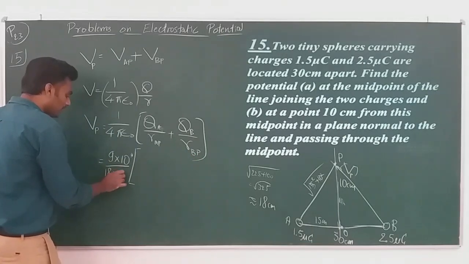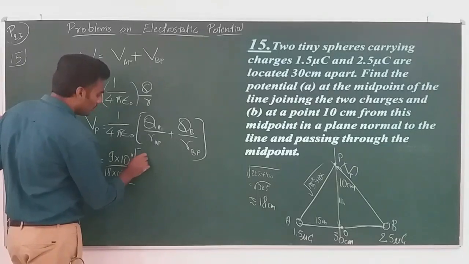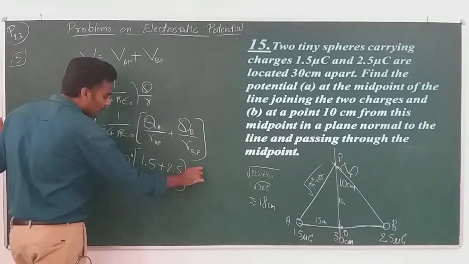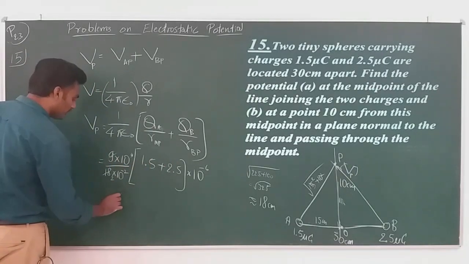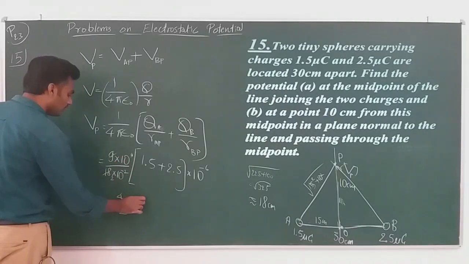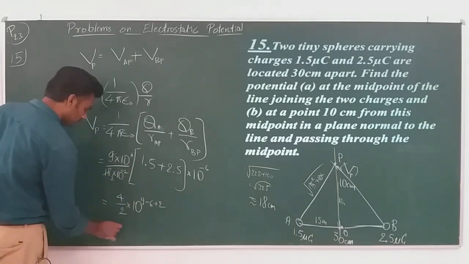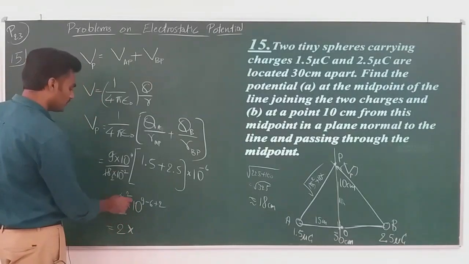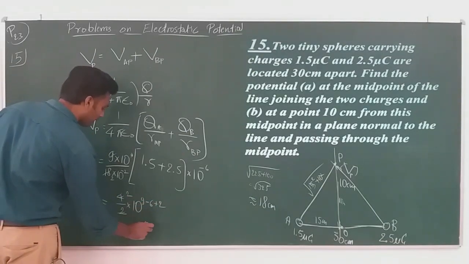I will directly take that out, 18 into 10 to the power of minus 2, and QA is 1.5 plus 2.5 into 10 to the power of minus 6. 9 ones are 9, twos are 1.5 plus 2.5 is 4 by 2 into 10 to the power of 9 minus 6 plus 2. Therefore it is 2 into 10 to the power of 9 minus 6 is 3 plus 2, 5 volt.